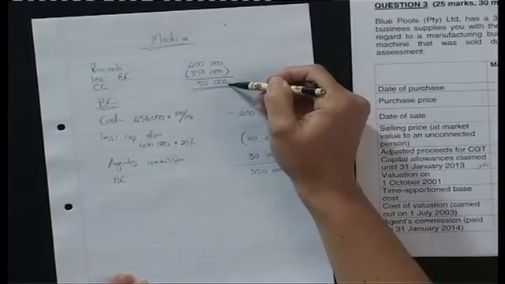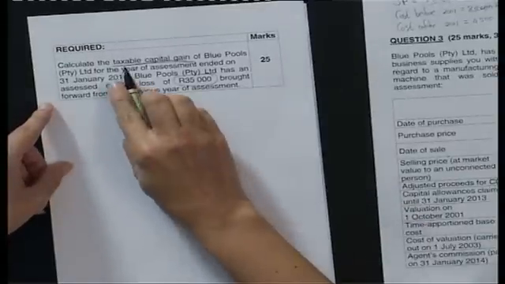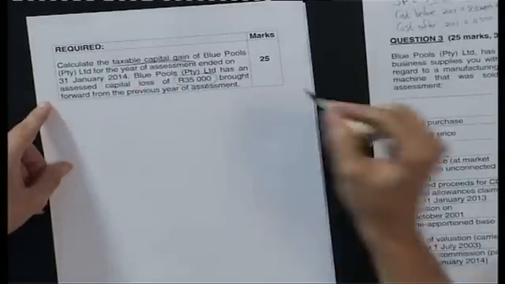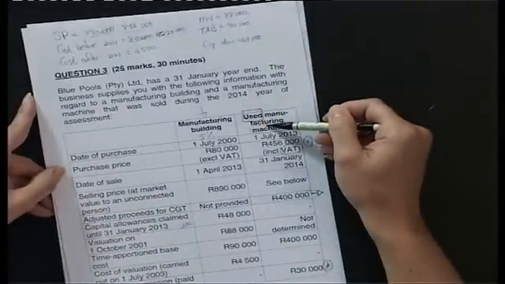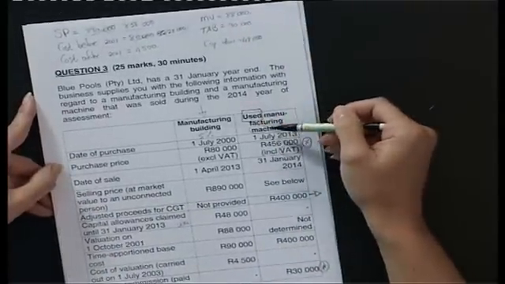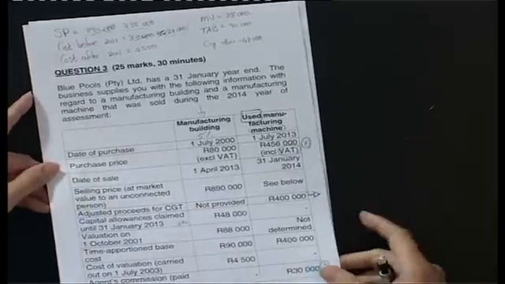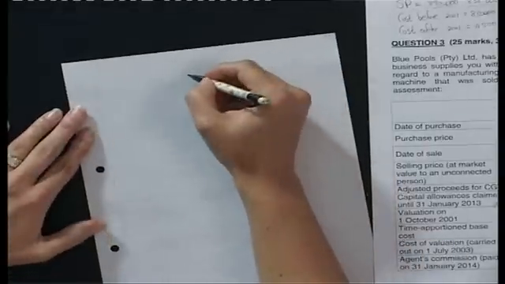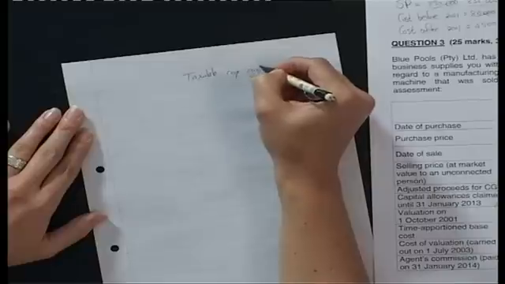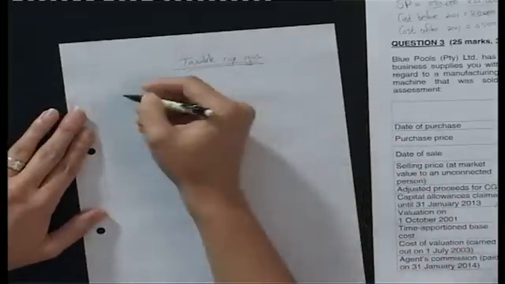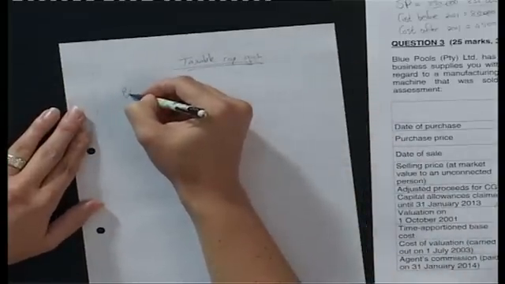So the next step, the final step, is to calculate the taxable capital gain. So you see that this company had 2 assets that they sold during the year. I need to add them together and then calculate the taxable capital gain. So my very last step is my taxable capital gain, where I will add the capital gain of the building.